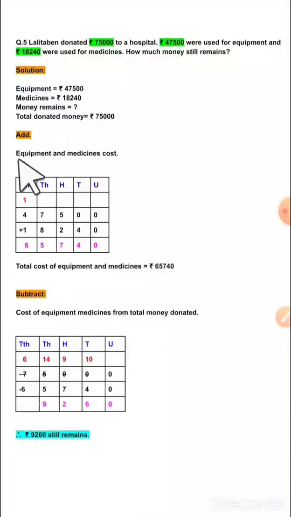First we will add the cost of equipment and medicines. Write the cost of equipment and medicine and add. 0 plus 0, 0, 0 plus 4, 4, 5 plus 2, 7, 7 plus 8, 15, 5 down, 1 carry forward, 1 plus 4, 5, plus 1, 6.